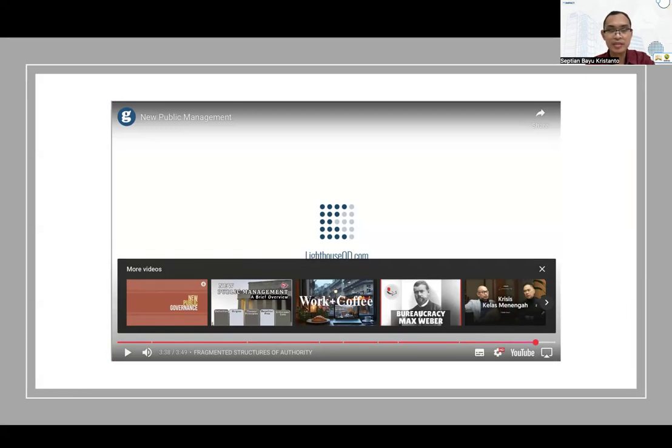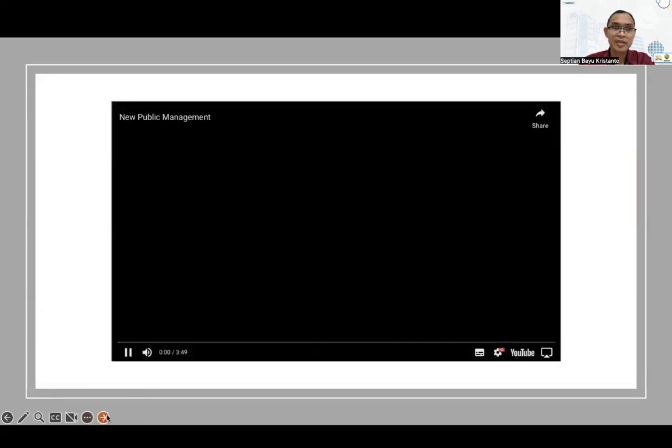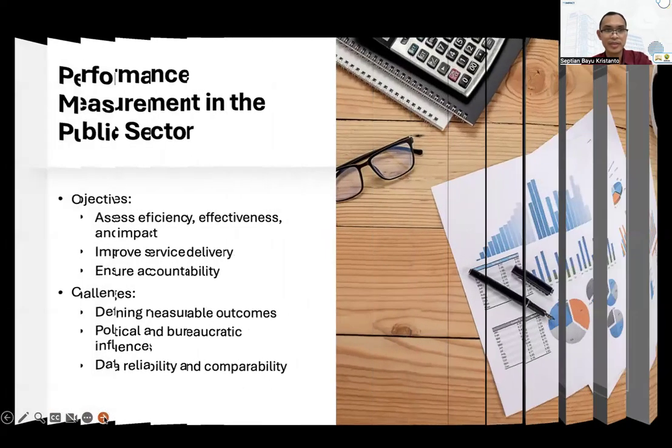So it means that there is still a weakness, even if the New Public Management is maybe the newest approach in the modern implementation of governance in the public sector.